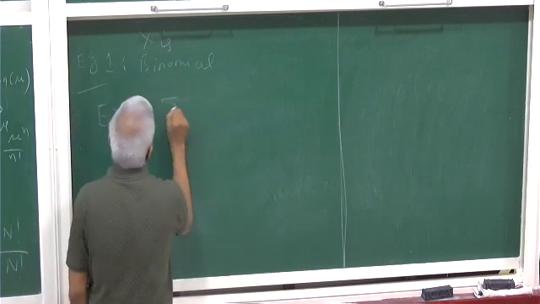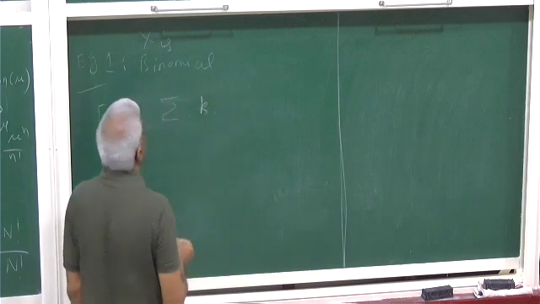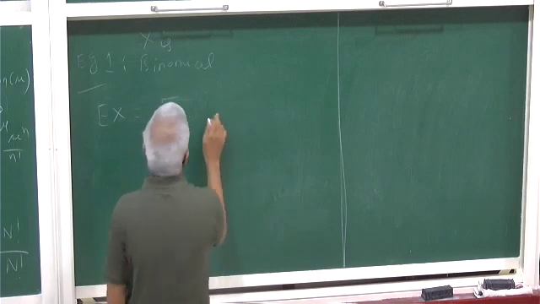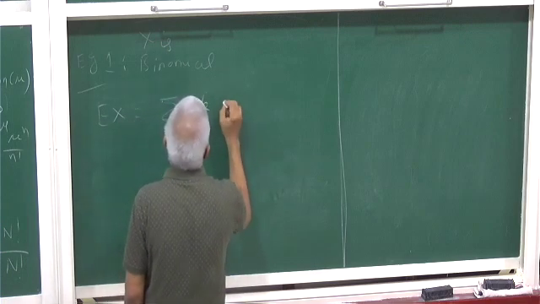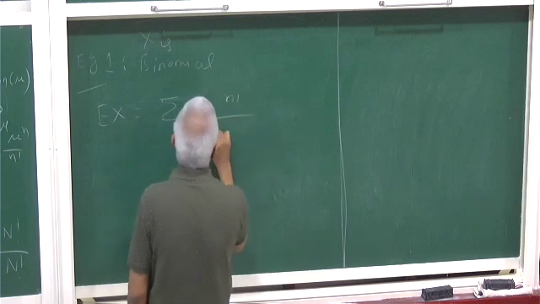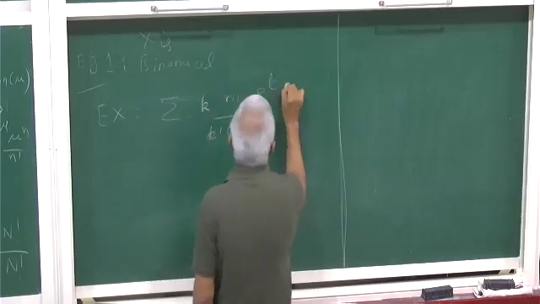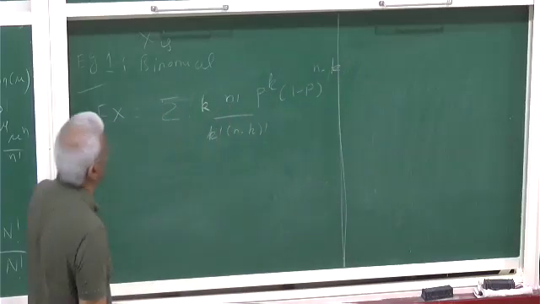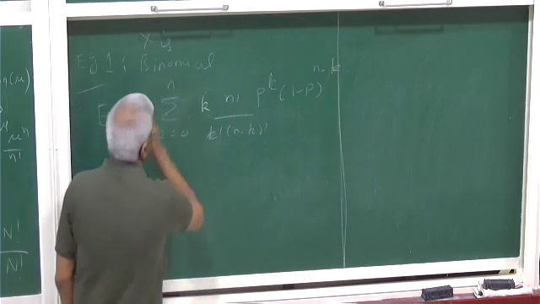So this is just the summation of K times nCK, which is n factorial by K factorial times n minus K factorial, times P power K times 1 minus P power n minus K. And the sum is from K equal to 0 to n.